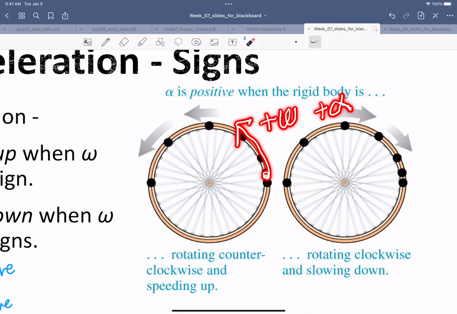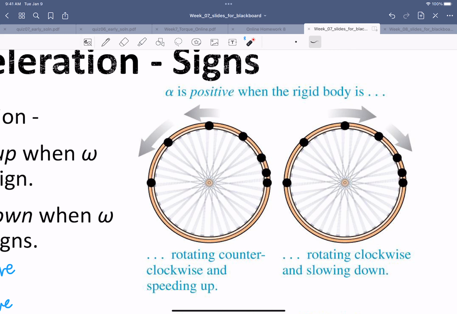Positive as well, because when I'm speeding up, the signs for velocity and acceleration have to be the same. If I'm slowing down, they're opposite. So if I'm moving counterclockwise, I have a positive angular velocity. If I'm speeding up as well, then my angular acceleration is in the same direction, counterclockwise, and that's positive.